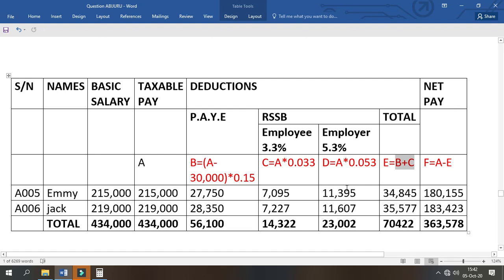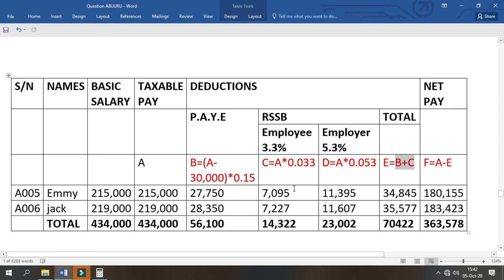So as you see, the total deduction for ME is equal to 34,845.